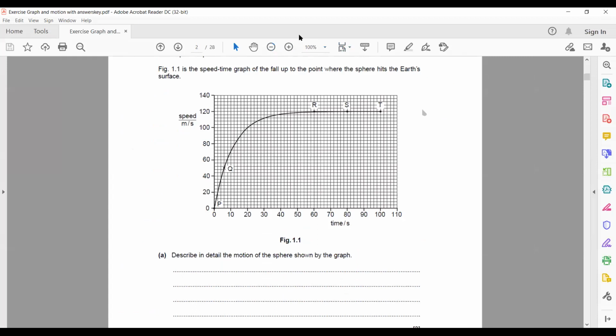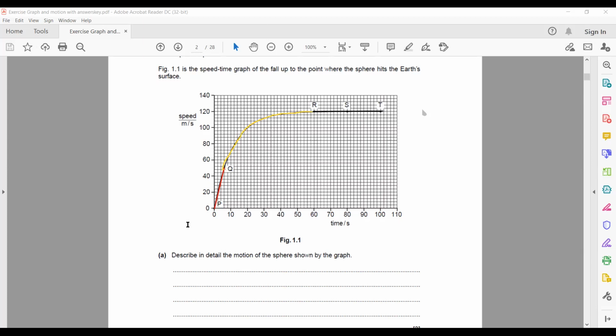So how do we explain the motion? It's better you divide the question into parts. One is from P to Q, then from Q to R, and then from R, S, and T.